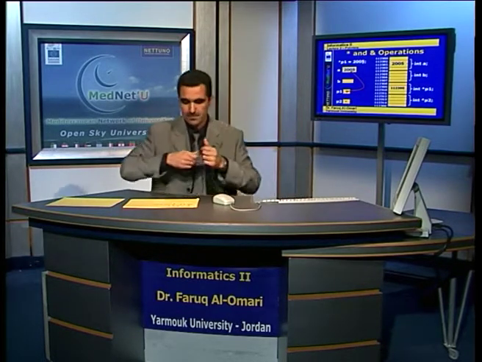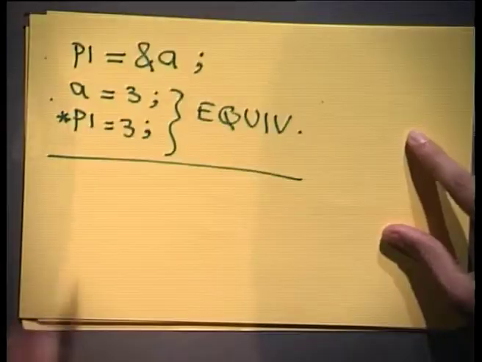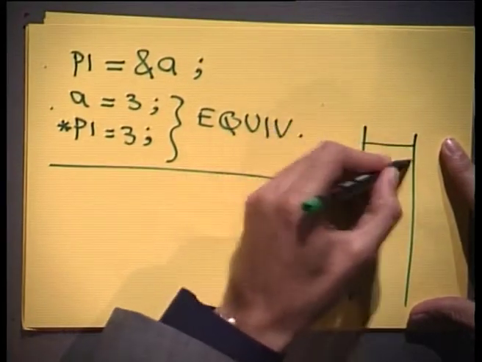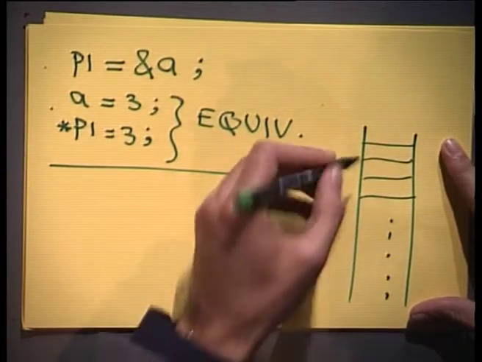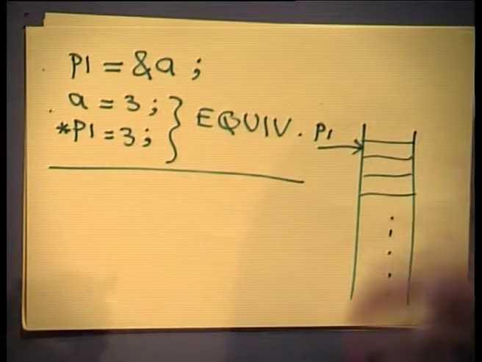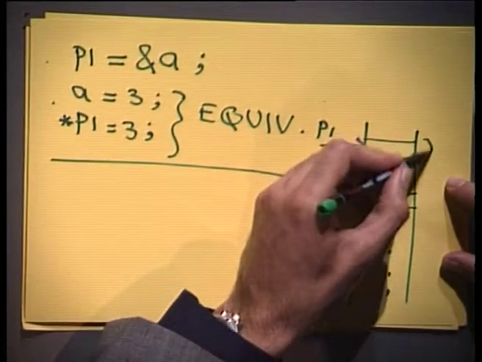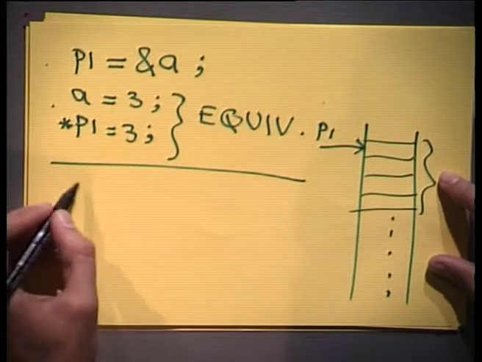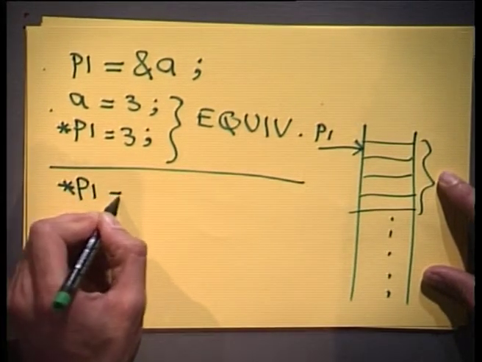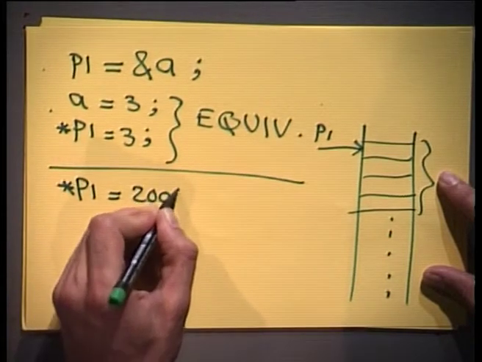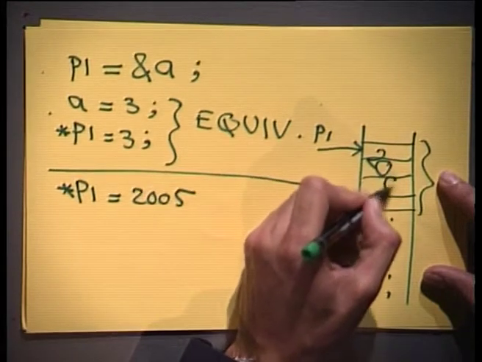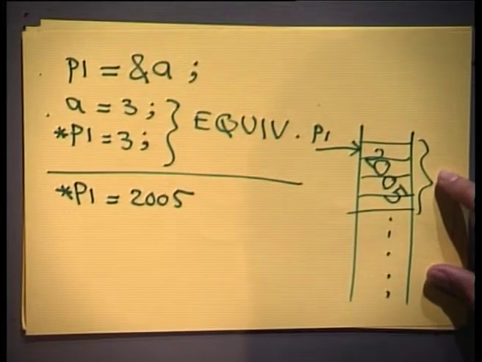However, whatever I have in that location has been changed to 2005. Let me put it this way. Now, here's the memory, and here's where P1 is pointing. I had some data in there. Now when I say something like asterisk P1 equals 2005, then I'm putting 2005 in this location.